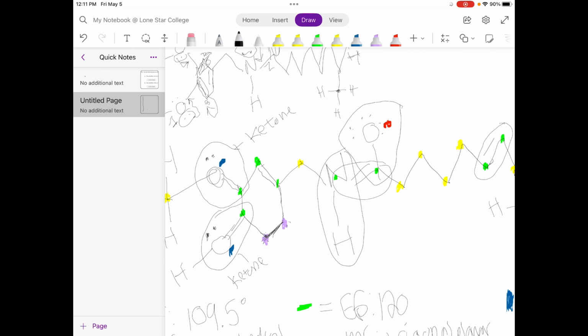This could have been an amide right here, but I can't do it anymore because of the resonance. But this whole thing could have been an amide if we never made the resonance. But it's not, not anymore, at least.